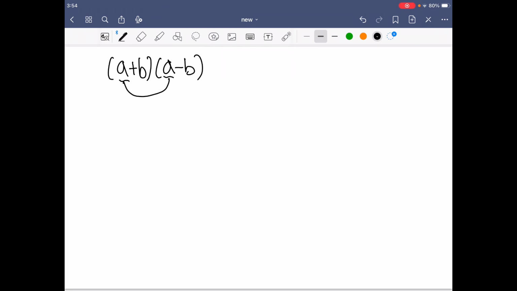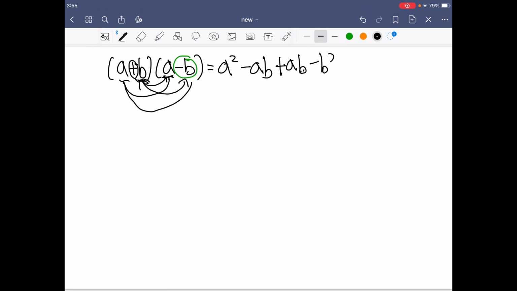A times A, that's how you get A squared. And then A times, be careful, this is minus B, then minus AB. And then B times A, positive, so that's how you get AB plus AB, and then B and negative B, so that's how we get minus B squared.